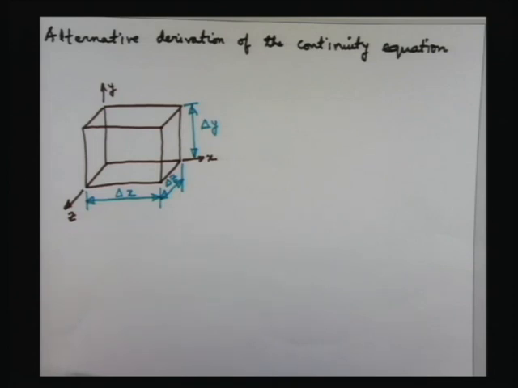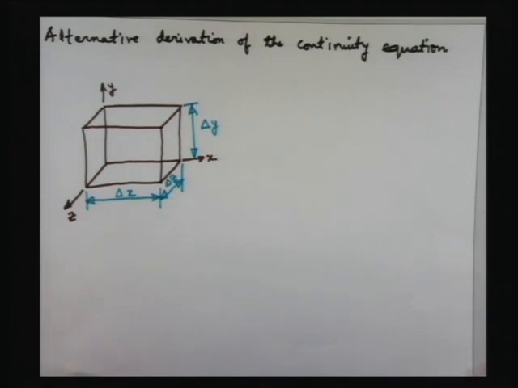So, to do that, what can we write? Let us say that there is some mass of fluid entering this control volume. There is also some mass of fluid leaving the control volume. What is the net change of mass within the control volume? Increase or decrease of mass depends on the difference between what is coming in and what is going out, right? So whatever mass is coming in minus whatever mass is going out is the algebraic increase of mass within the control volume.